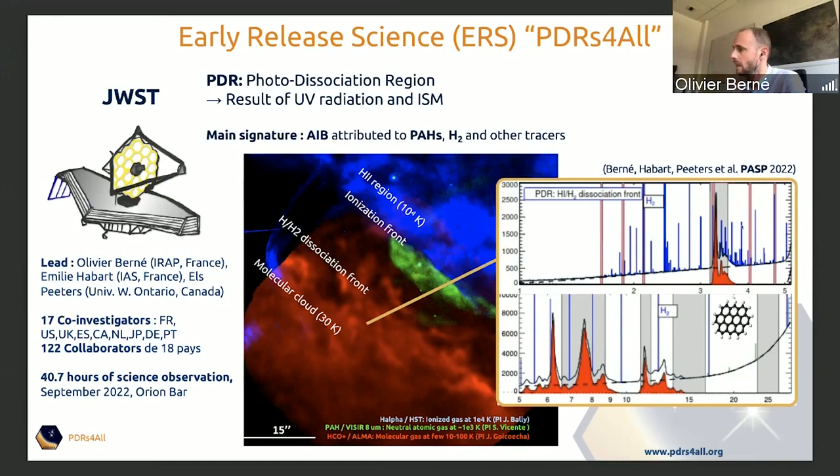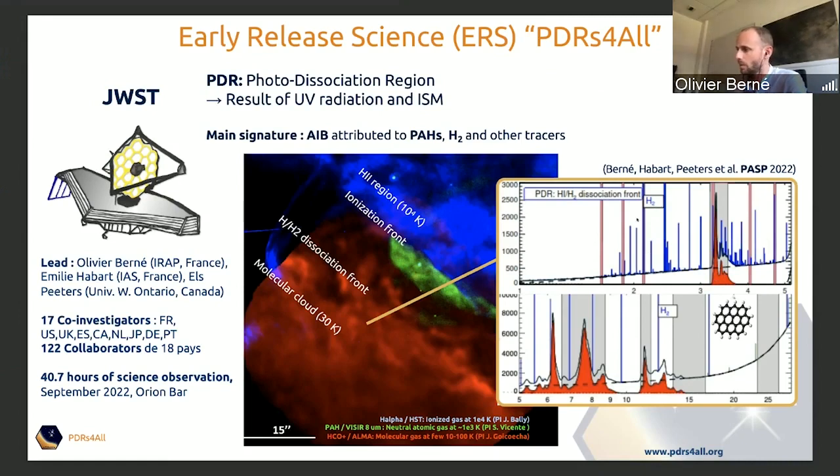So many of the spectra that you will see with JWST, including in galaxies, especially in starburst galaxies, will come from PDRs and look like this. You will see molecular hydrogen lines and aromatic infrared band emission in many cases.